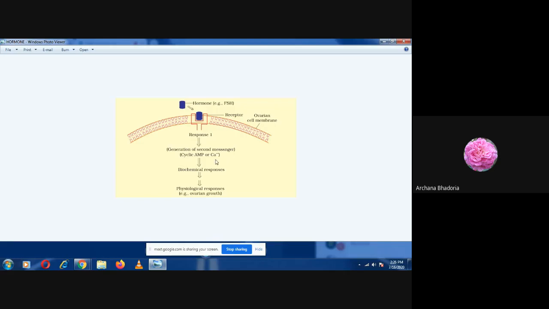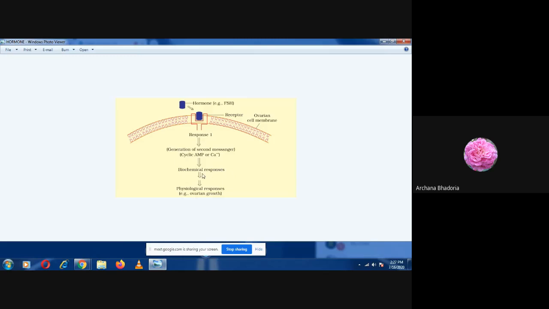And what may be the second messenger? It can be the calcium ions or cyclic AMP. Then when the second messenger is generated, it will induce the biochemical responses in the cells.